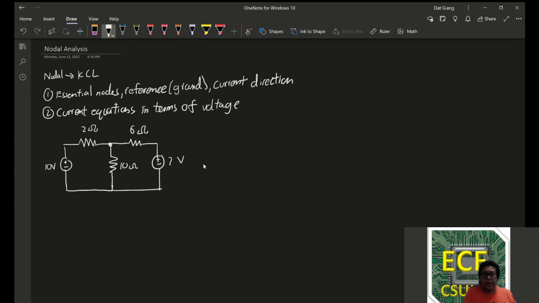Essential nodes. Remember, essential nodes means that we have a node connected by 3 or more branches. So if we look at this, this is the only essential node that we can see. Therefore, we have this one, which we'll call A. So it would denote VA, voltage at node A. We will also have to identify a reference or a ground.